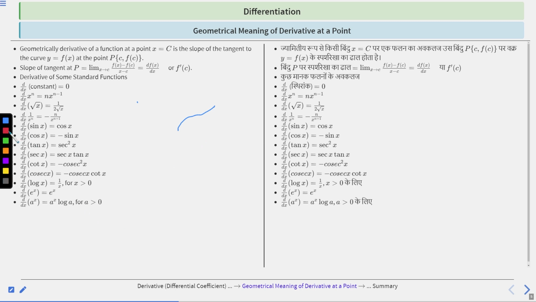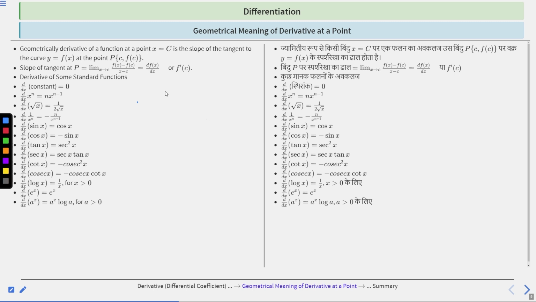So if we find the derivative dy by dx at this point, this means geometrically the same as calculating the tangent at this point. The point is, suppose, c and f(c). Clear? So this is the geometrical meaning of finding dy by dx, or the derivative at a point. Clear?